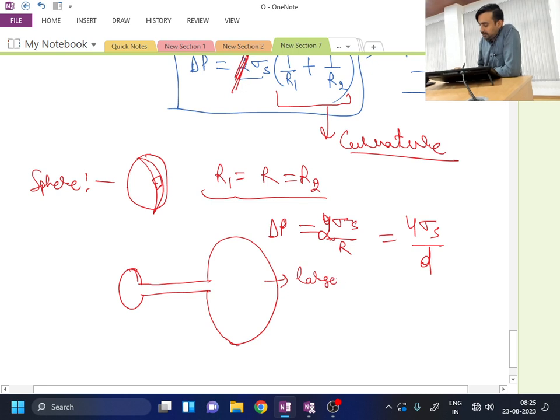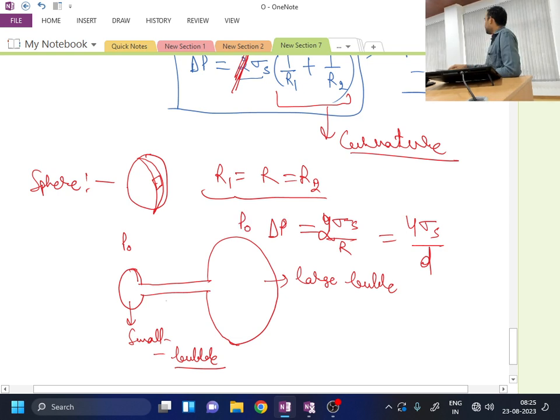This is one large bubble and this is one small bubble. Both are in the same surrounding medium, P naught, and these are connected through a tube. What will be happening over here? Small bubble will collapse.